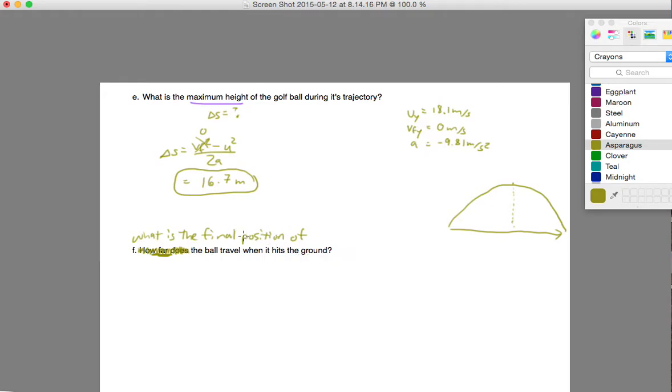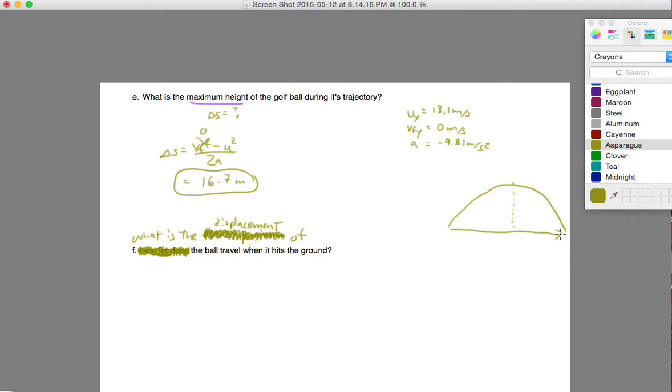Or I could say, what is the displacement? That's even better. I love taking incorrect physics problems and changing them into more correct and better descriptions for you. So what is the displacement of the ball when it hits the ground?